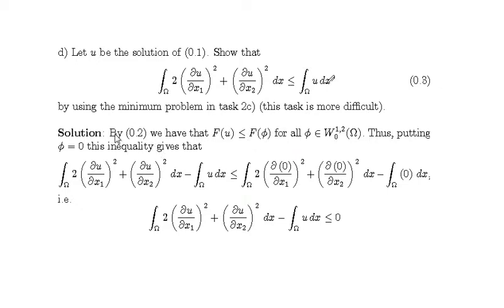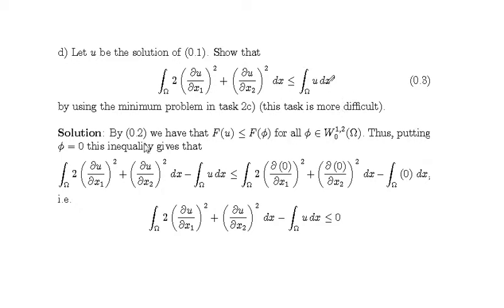Now, we know by the minimum formulation that f of u is less than f of phi for every phi. So what we are doing now is just to put phi equal to 0. It's not easy to see that this will give us the solution, so that's the difficult part, just to find the value of phi for which this inequality turns into this inequality.